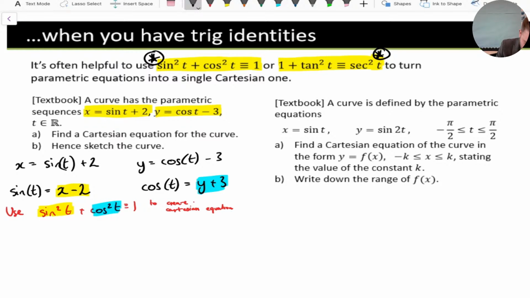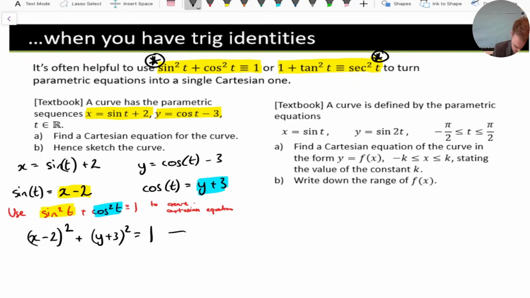So I can say that x minus 2 all squared plus cos squared t, which is y plus 3, but it's cos squared, so I need to square that, is equal to 1. And there we go. This now is the Cartesian version, because we've got an equation in terms of x and y.